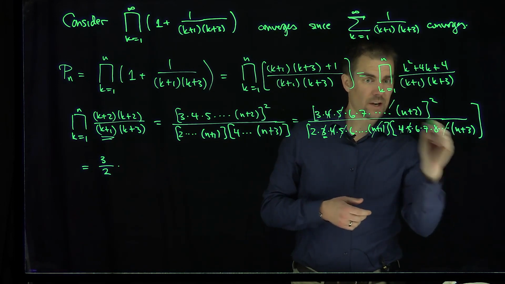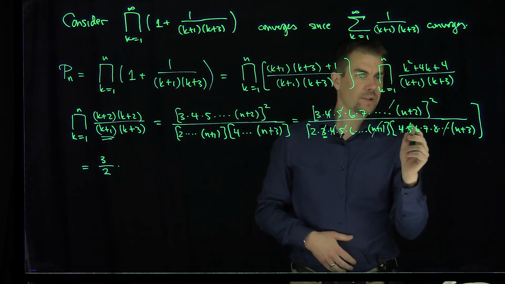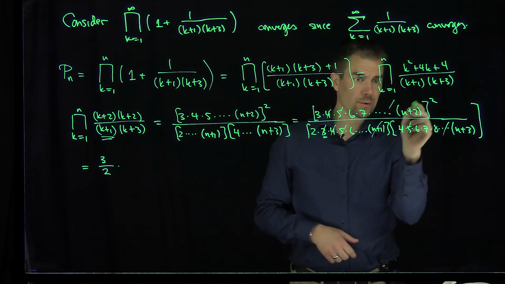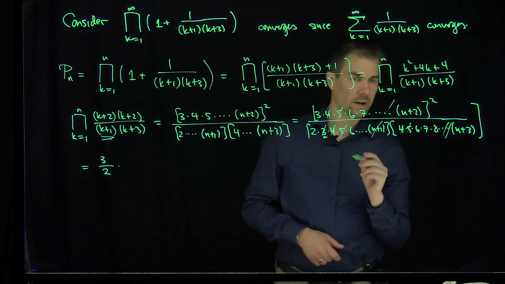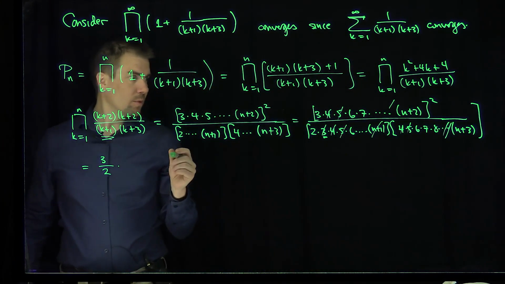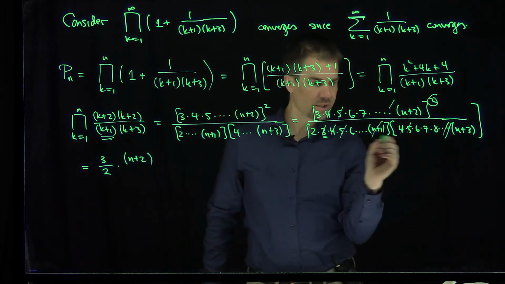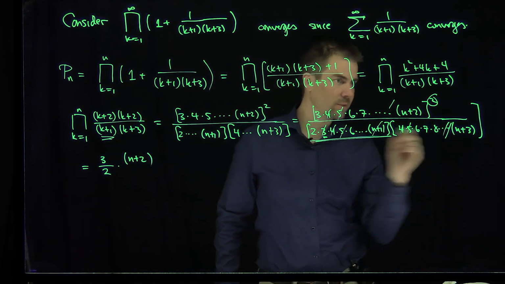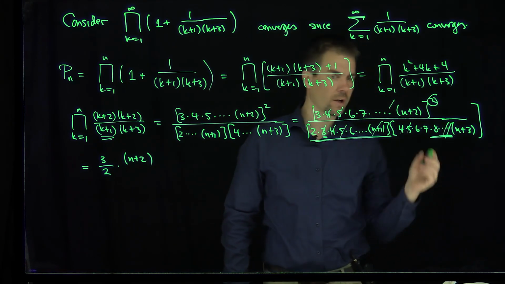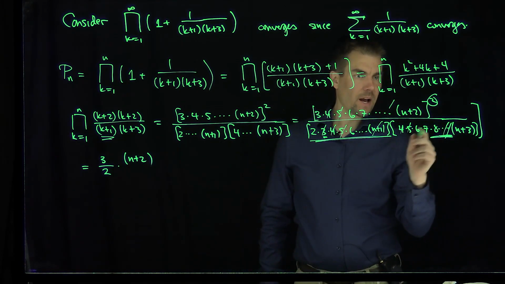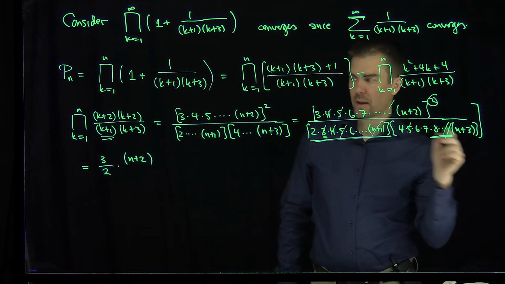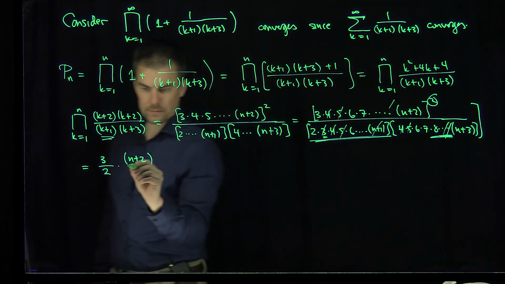There's also an n plus 1 over here that cancels. The top has two n plus 2s. One of them will cancel out with this n plus 2 over here. So I'm left with a cumulative factor of an n plus 2 on top, because that second n plus 2 wasn't canceled in this first set of terms. It was only canceled down over here in the second grouping of terms. So I have an n plus 2 left on top, and then an n plus 3 left on the bottom.